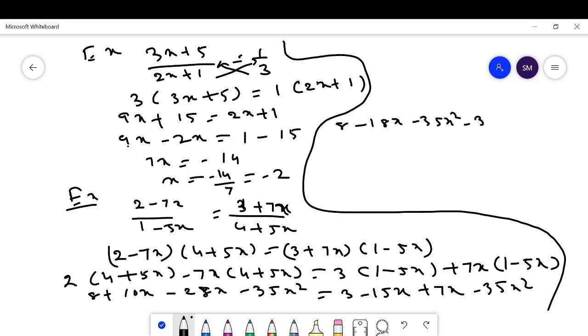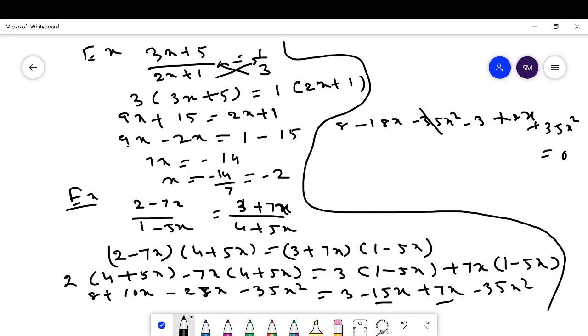When you bring the minus 8x to the left side, it becomes plus 8x. Here minus 15x plus 7x is equal to minus 8x. Here minus 35x square, when you bring it to the left side, it becomes plus 35x square. Then the RHS is 0.